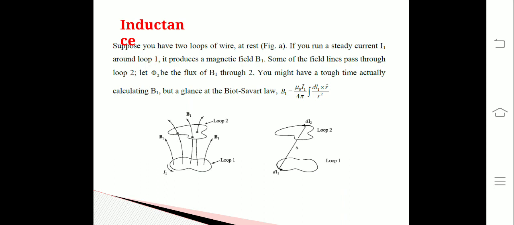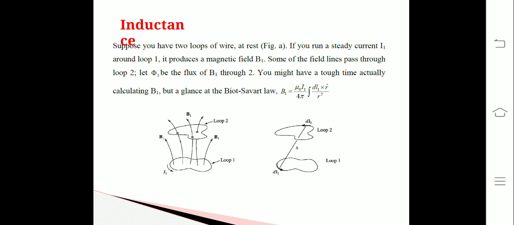By applying the Biot-Savart law, B1 is equal to mu naught I1 by 4 pi integral dl1 cross r hat by r squared. Here dl1 is a length segment of loop 1, and dl2 is a length segment of loop 2.